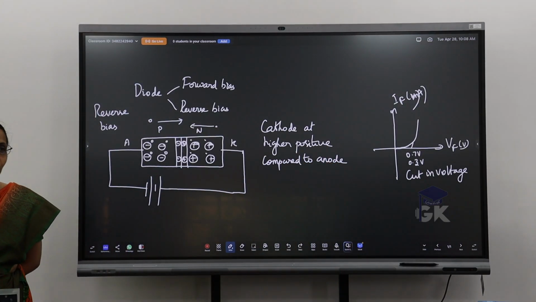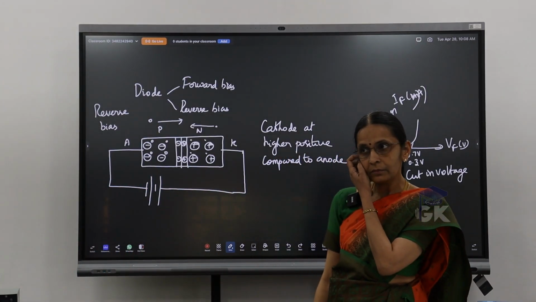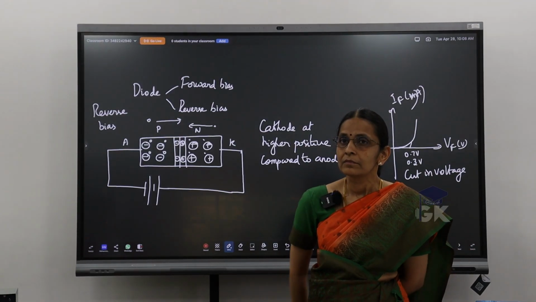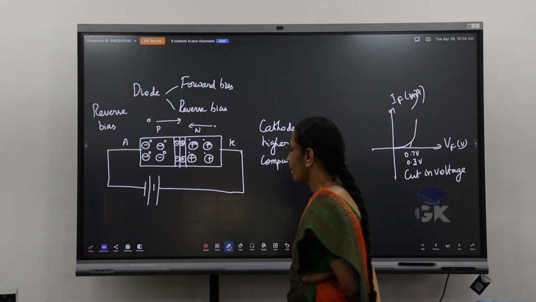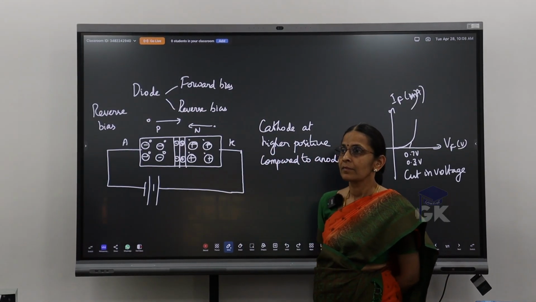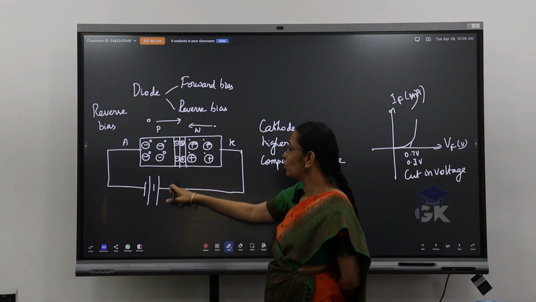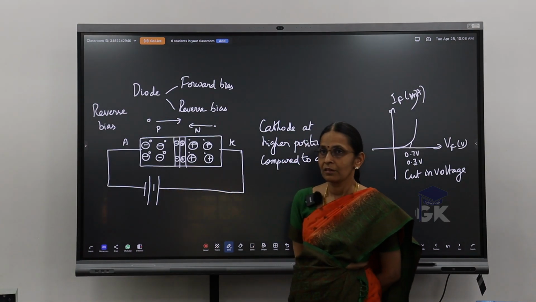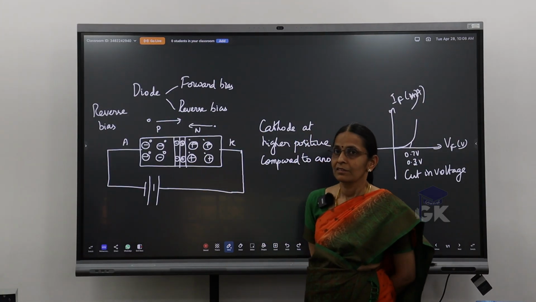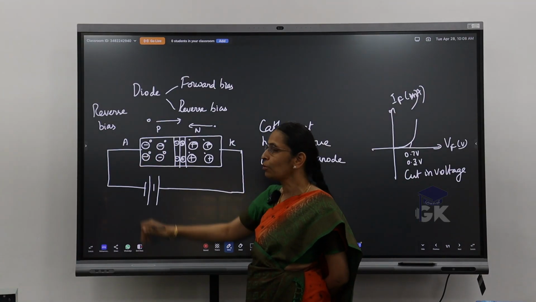So now in the reverse bias, what's going to happen? Electrons. What happens to the electrons here? Attracted. It's going to be attracted towards this. And what happens to the holes here?